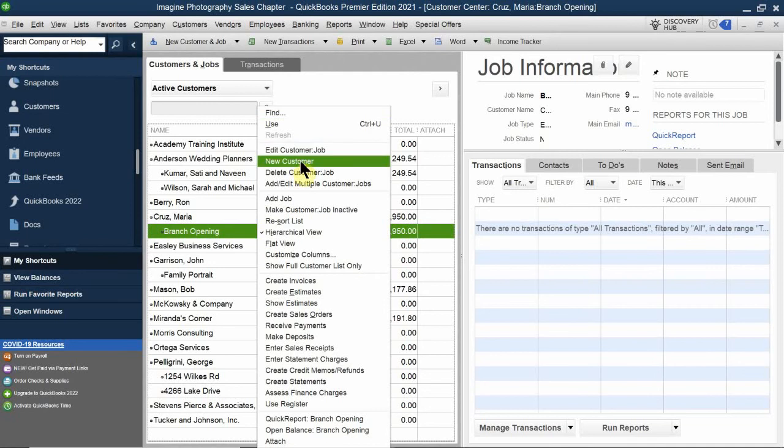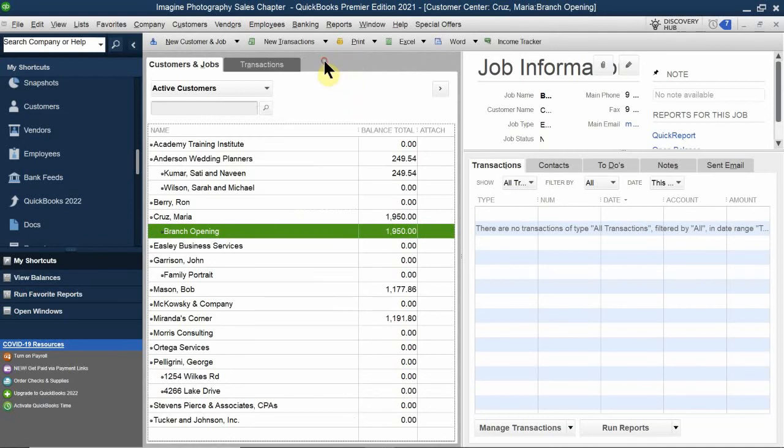That's only possible through the customer center, however you get there, whether it's the home page, menu bar, or icon bar, and then you can create your new customer. So let's go ahead and take a look at that and create a new customer.